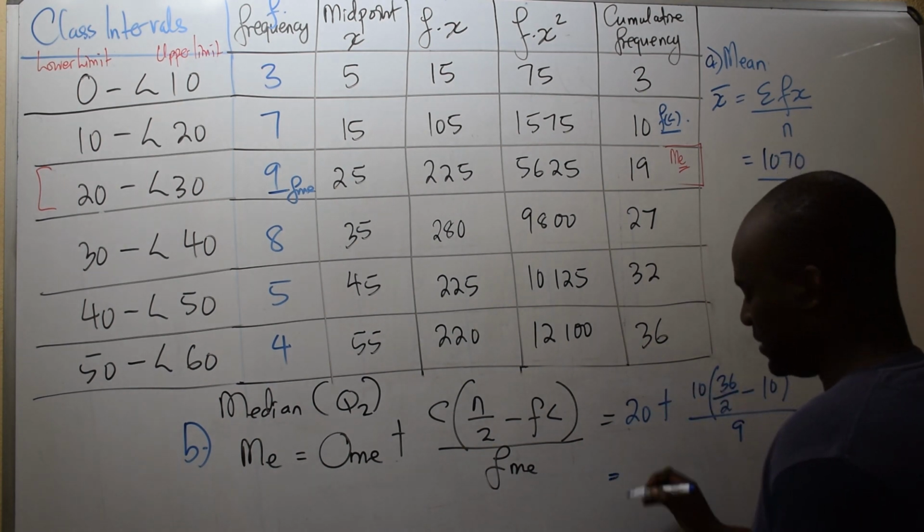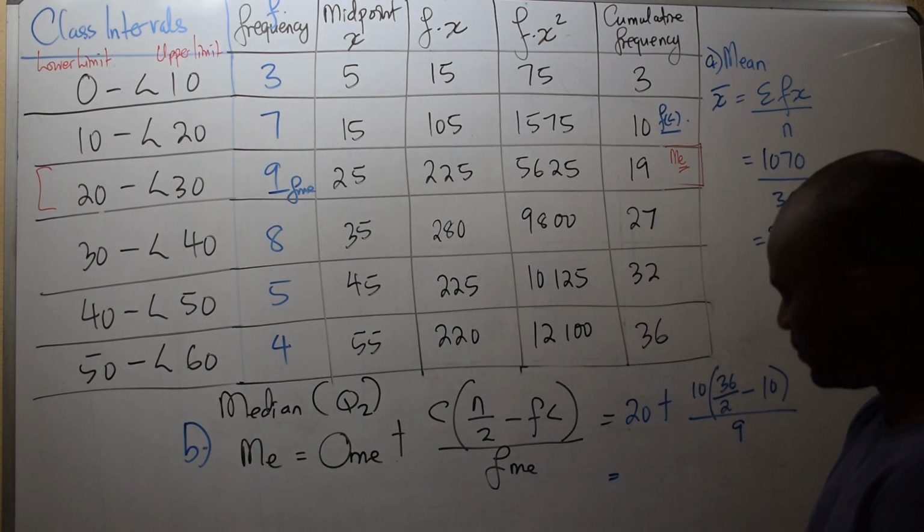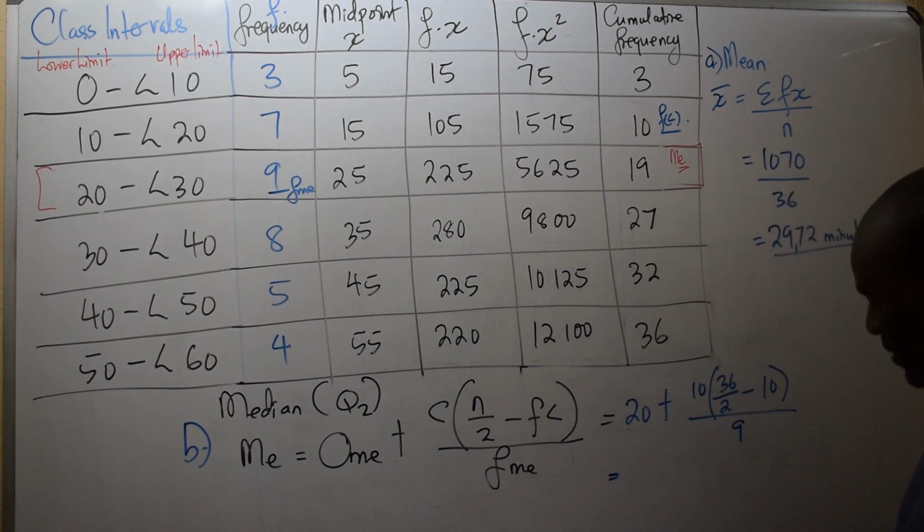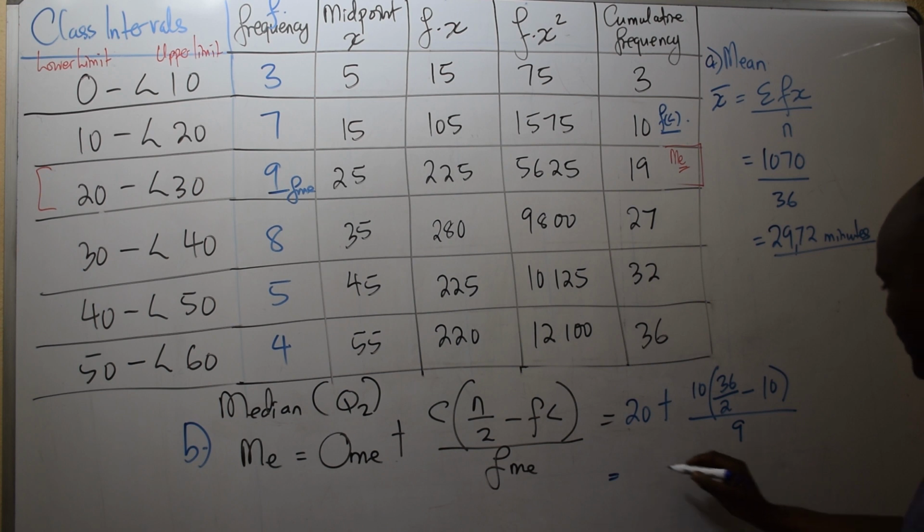So this is essentially going to give us 20 plus, in brackets, 10 multiplied by 8 divided by 9. That equals 28.88.